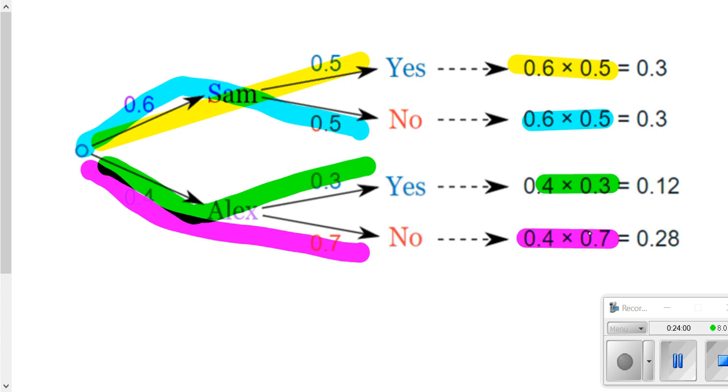If I multiply that out, I will get the probability of each combination. So this 30% means there's a 30% chance that Sam is the coach and I'm goalie. There's also a 30% chance that Sam is the coach and I'm not the goalie. There's a 12% chance that Alex is the coach and I'm the goalie. And there's a 28% chance that Alex is the coach and I'm not the goalie.